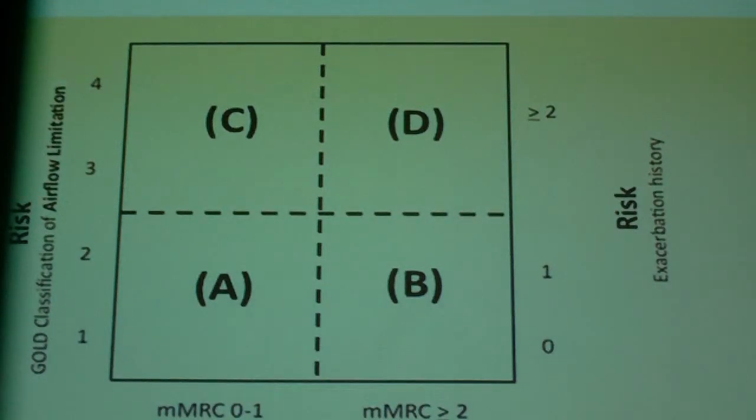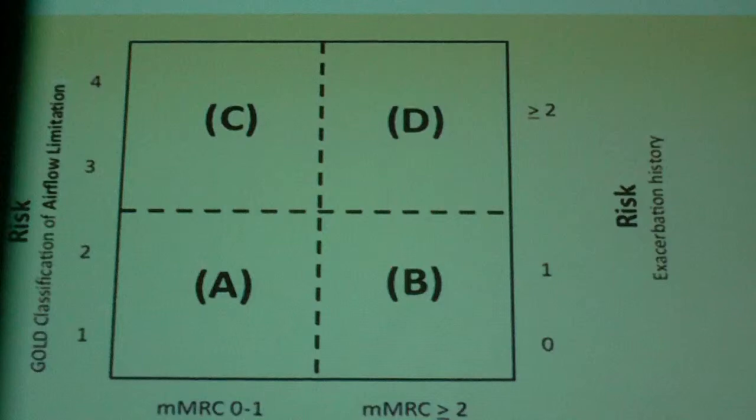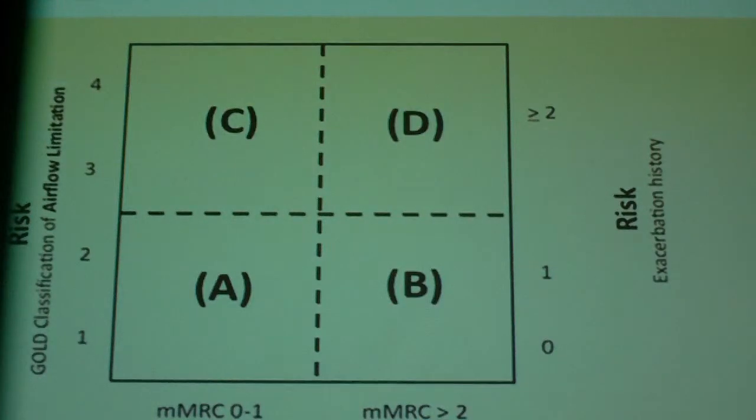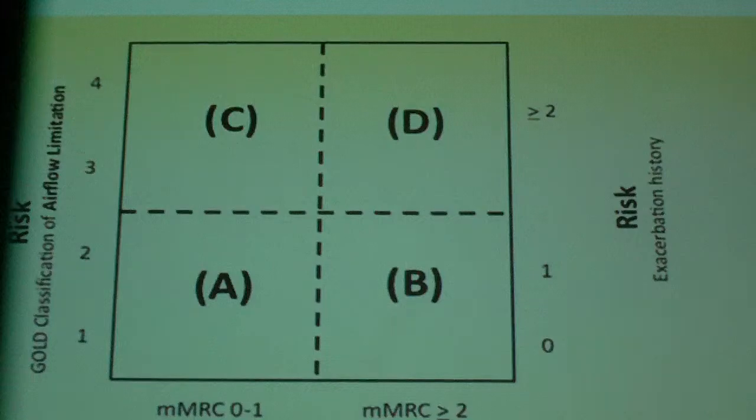You just ask the patient, how many exacerbations did you suffer from in the last year? If he says more than 2, then you have a higher risk. This way we have a broader assessment of the patient with COPD, and you can assess in a broader way the risk of the patient and the severity of the patient's disease.